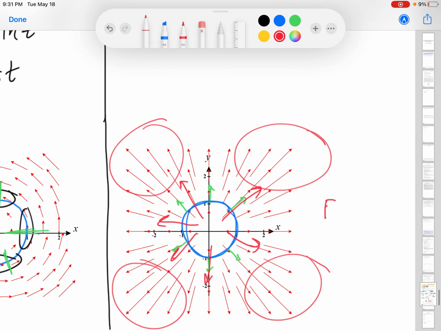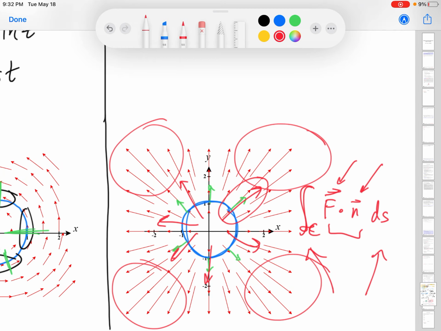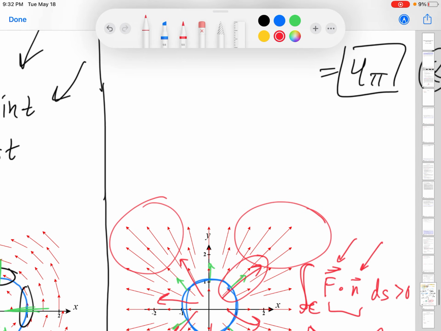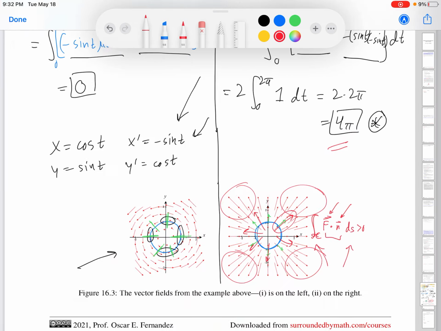So all of those f dot n contributions, which are the integrands of our flux, are positive. The vector field f and the normal vector are all in the same direction. And then we're adding them up along s, so we get a positive number, specifically 4 pi for this example.